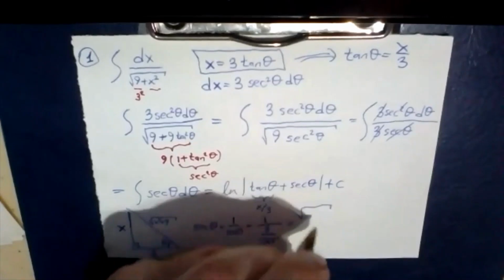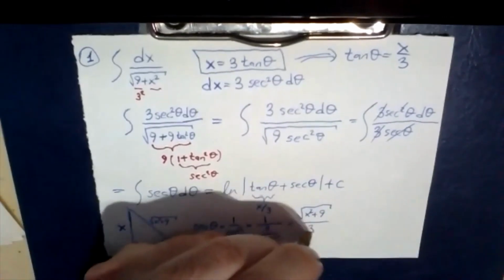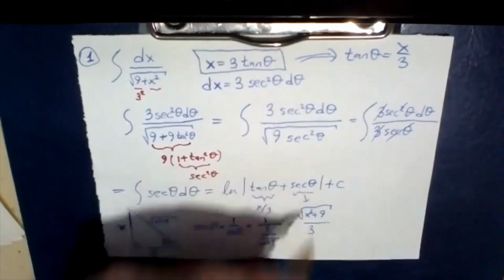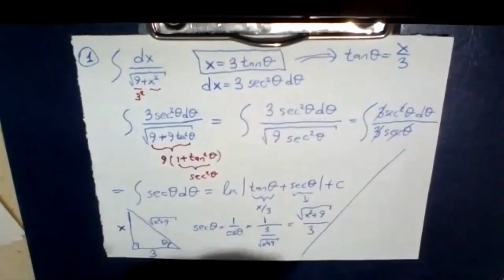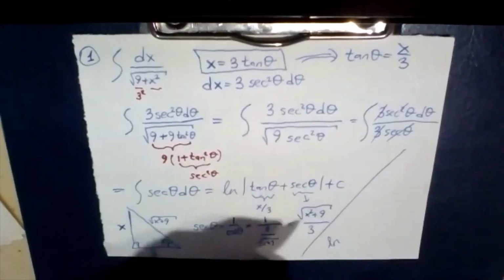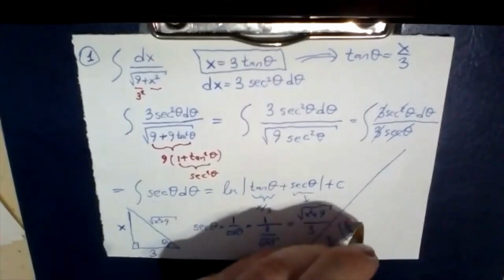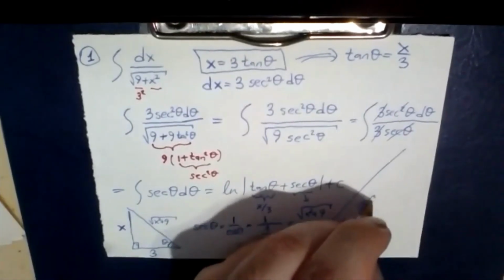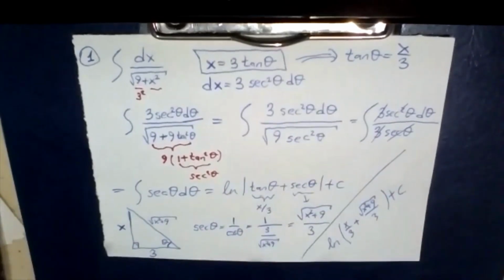So it will be equal to square root of x squared plus 9 over 3. Then we can replace secant theta with this. So our answer will be ln x over 3 plus square root of x squared plus 9 over 3 plus a constant number c.